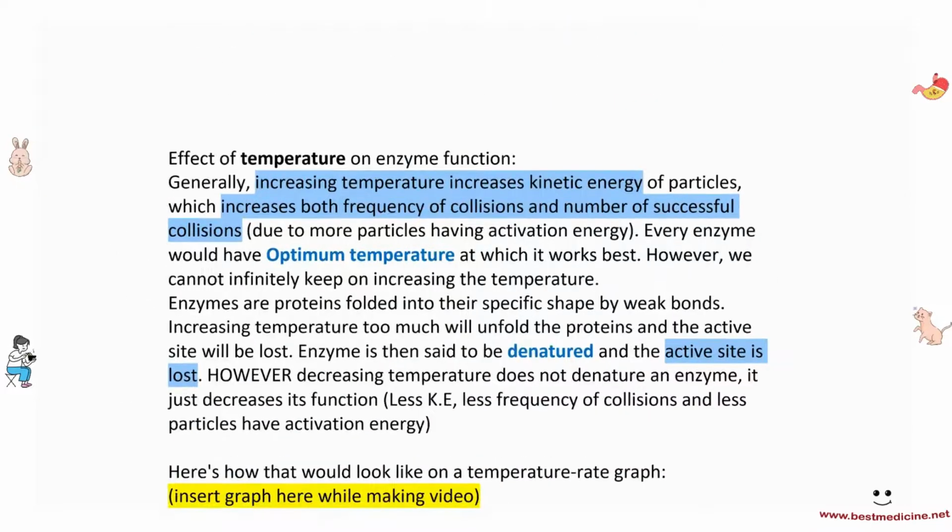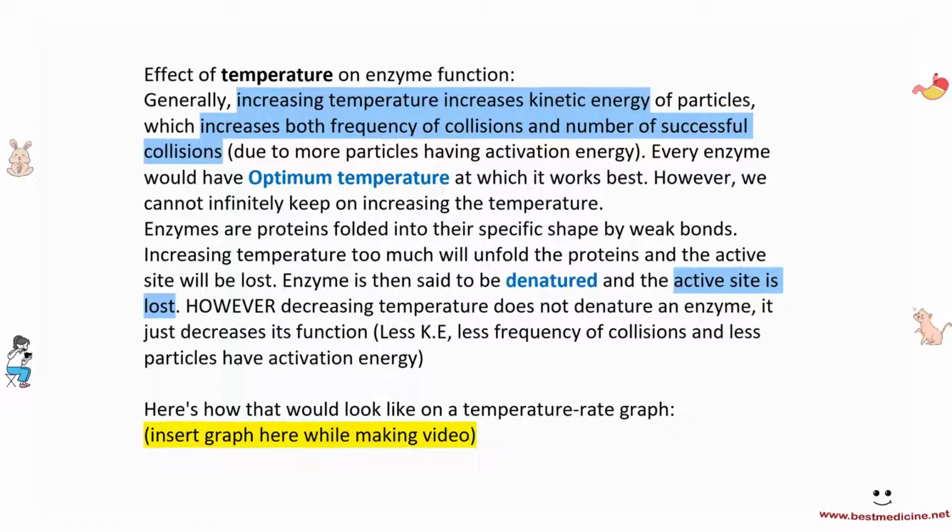Okay, so effect of temperature on enzyme function. We'll have to do some graphs of this so that you can get familiar with any data that you see on the exam. So let's just read this through again as a revision guide. Generally, increasing temperature would increase kinetic energy, right? Well, in chemistry, when we increase temperature, normally that increases rate of reaction.